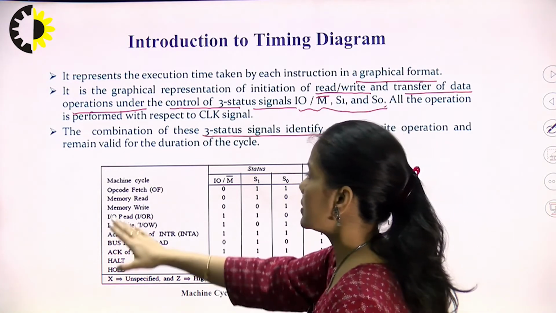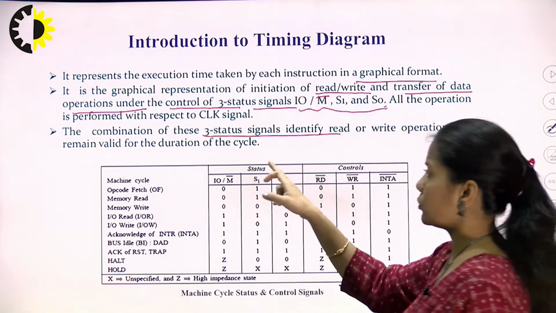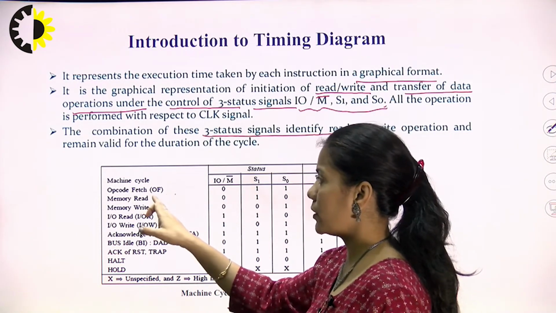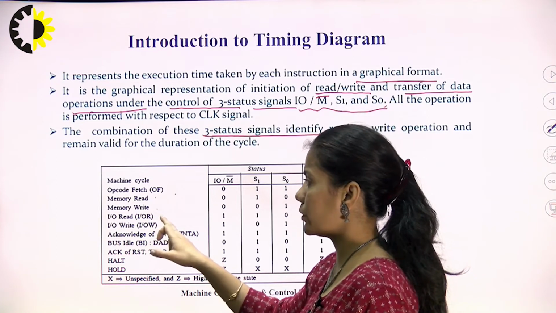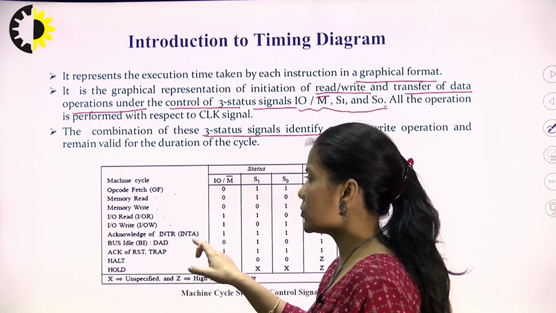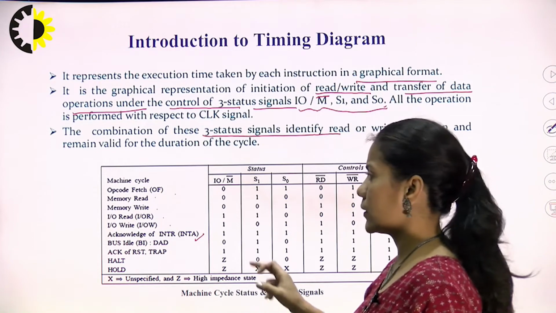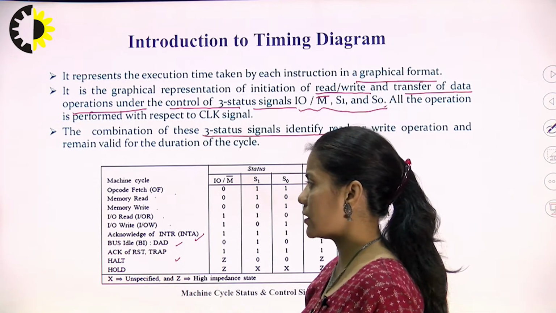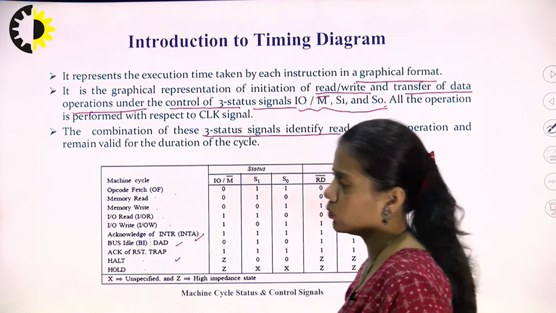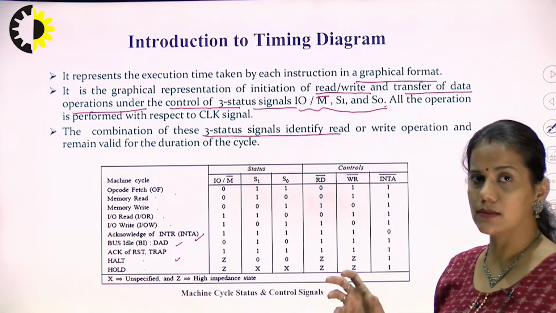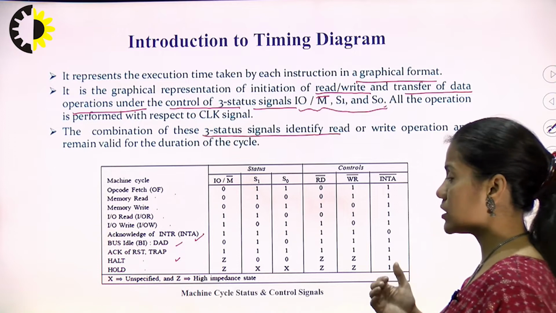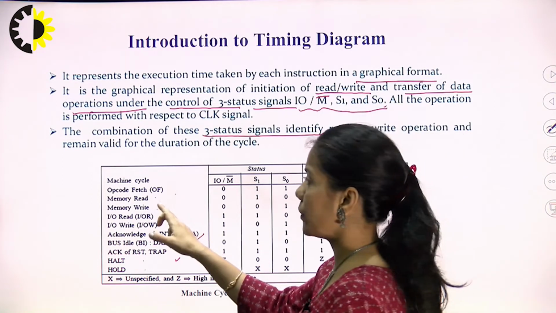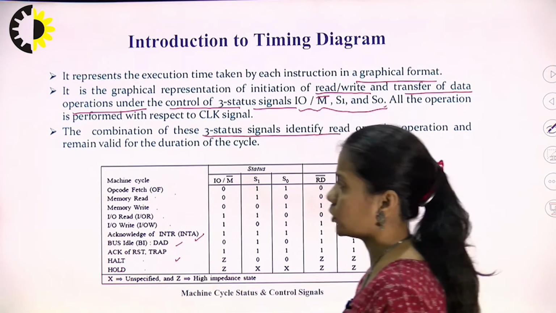The various machine cycles which are represented through the status and control signals are opcode fetch, memory read, memory write, input output read, input output write, acknowledgement of INTR, that is INTA signal, bus idle, acknowledgement of RST or trap, halt and hold. So, these are certain machine cycles. The basic machine cycles that we are going to discuss today are opcode fetch, memory read, memory write, input output read and input output write.